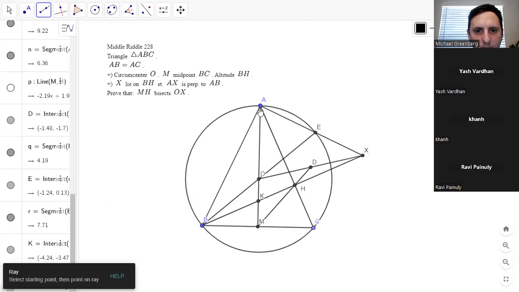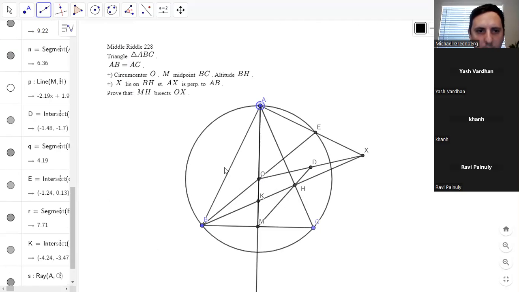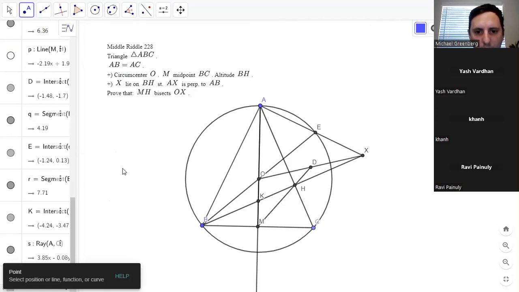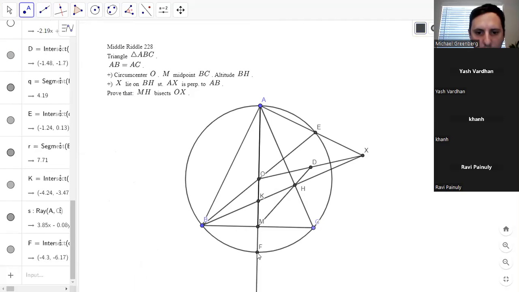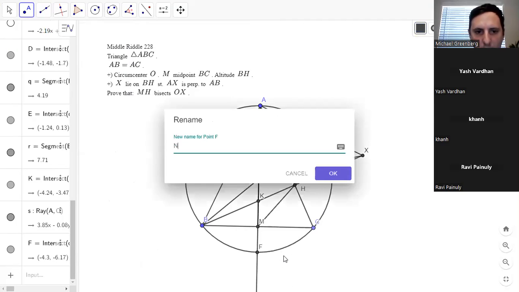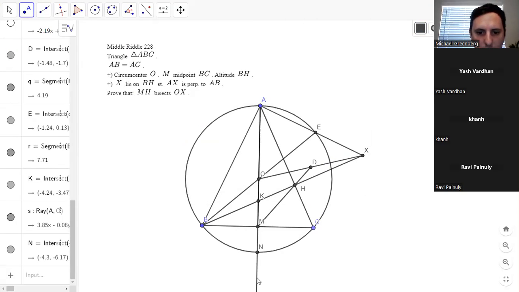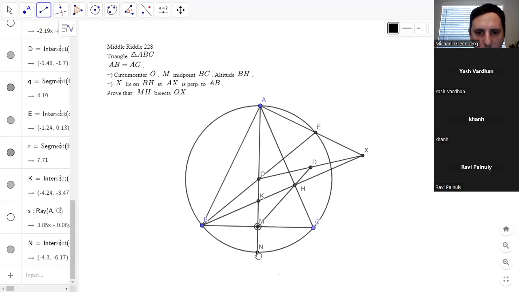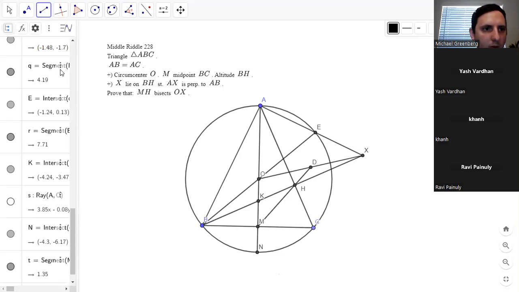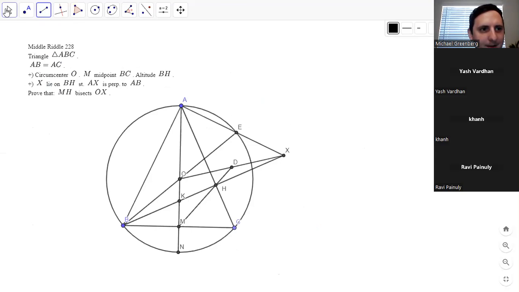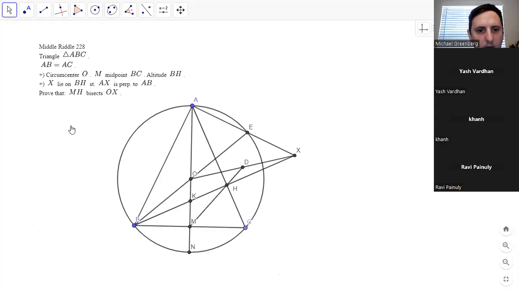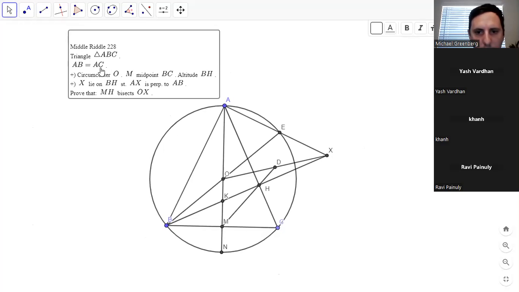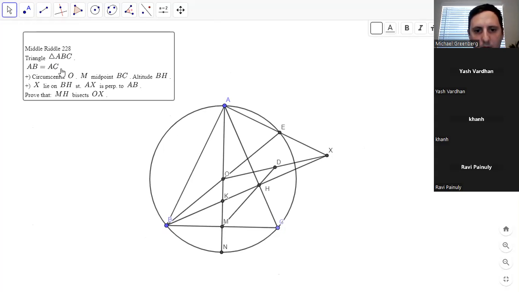Let's call that point N. So I'm gonna use Menelaus theorem for triangle OXK and the three collinear points M, H, and D. Okay.